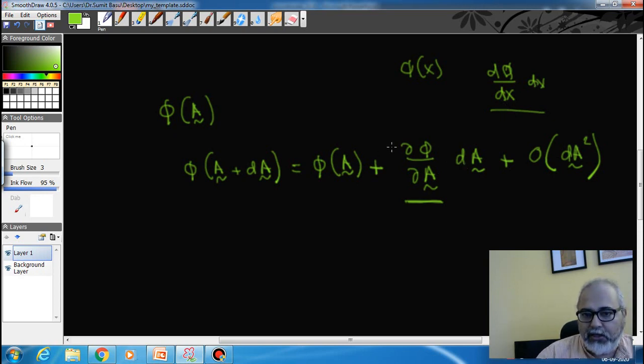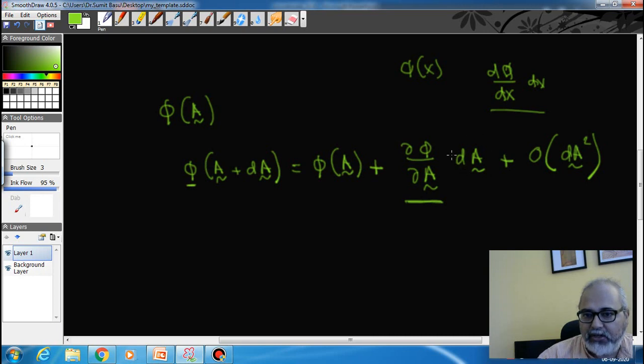Now look at this function. A is a second order tensor. So dA is also a second order tensor. The change in A is also a second order tensor. And phi is a scalar. So this quantity must give you a scalar.